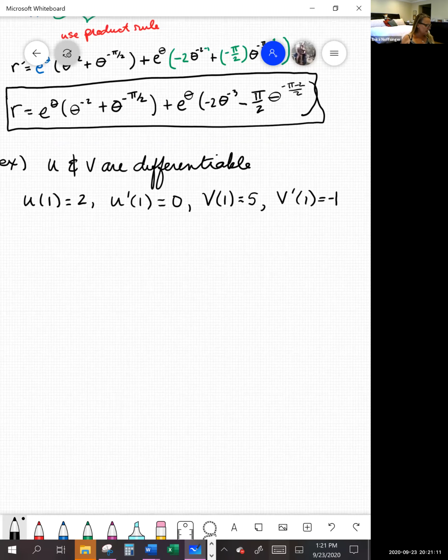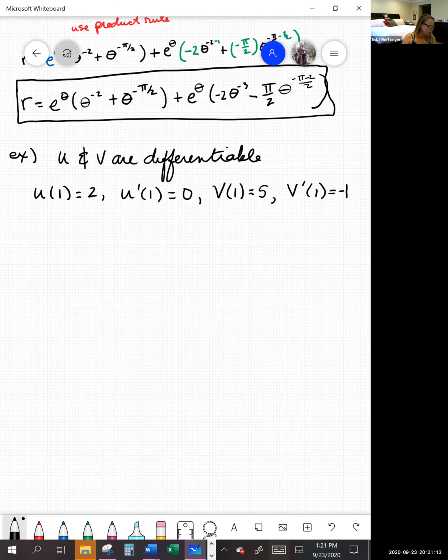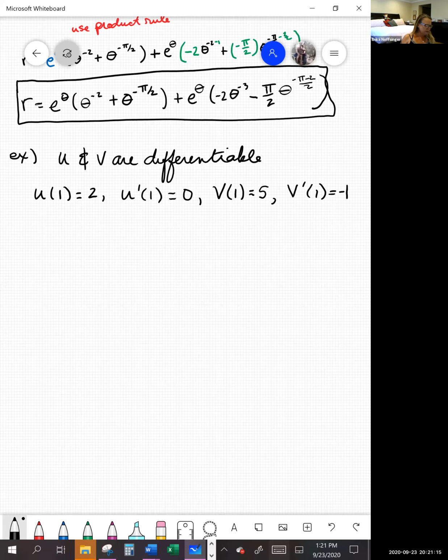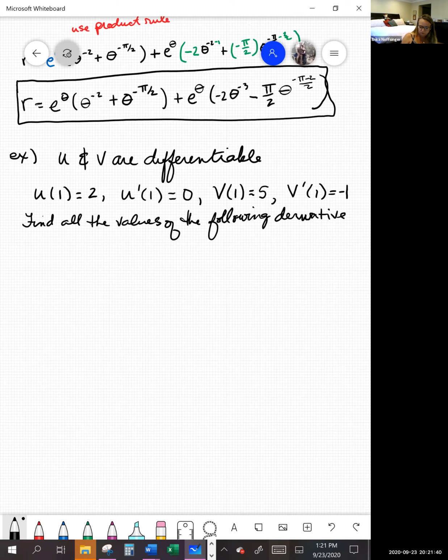So given that information, you want to find the following. Find all the values of the following derivatives at x equals 1.